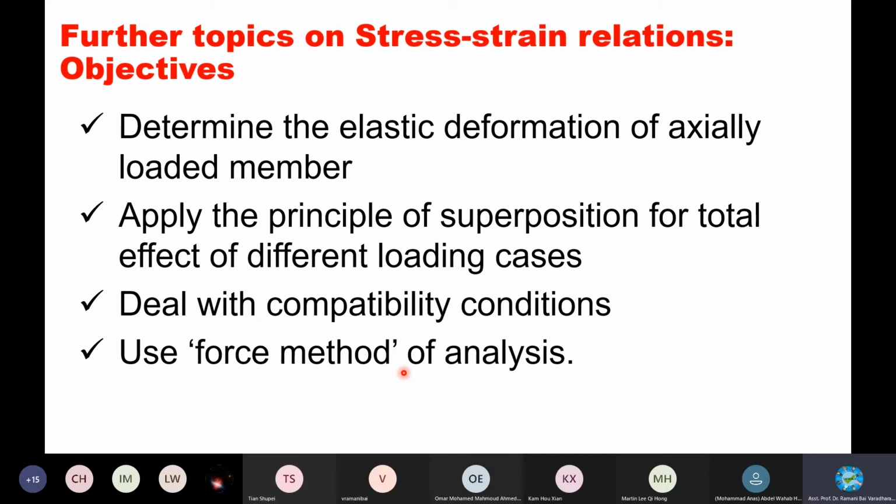If increasing, it is a compression. If decreasing, it is a tension. And what happened to the length? If the length is increasing, it's a tension. If the length is reducing, it's a compression type of force. And then what happened to the shape? If the shape is changed, square to a rhombus, rectangle to another parallelogram, and so on, when there is a failure at an angle, then it is called shear.